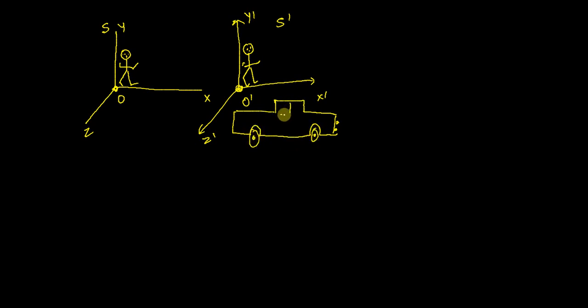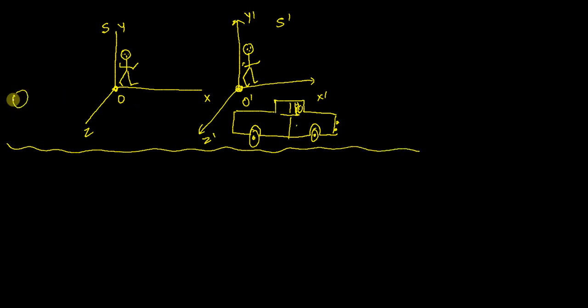And a man is sitting here, driving the car, right? So this person is sitting in the car, and this car is a frame of reference, denoted by S prime. Here the man is standing across the road.